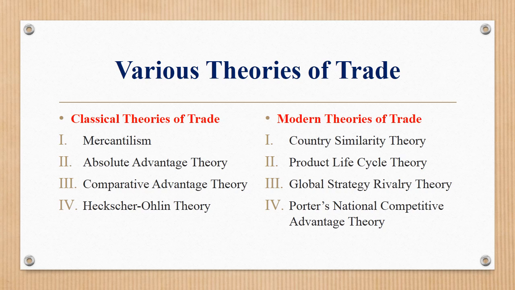Similarly, the modern theories of trade also consist of four theories: country similarity theory, product life cycle theory, global strategic rivalry theory, and the last one is Porter's national competitive advantage theory.